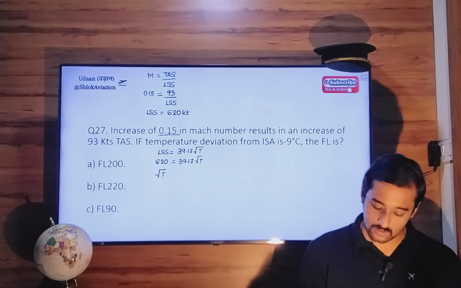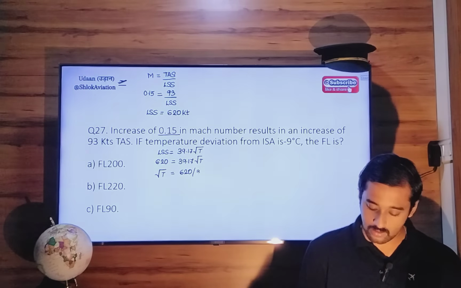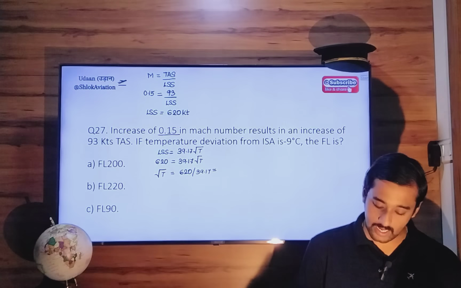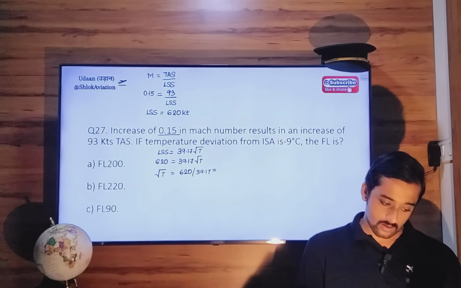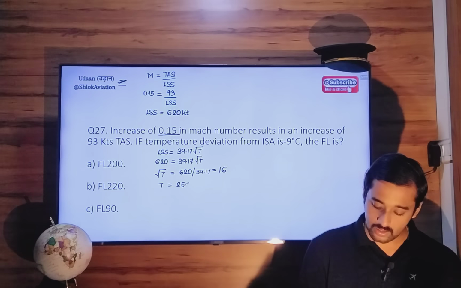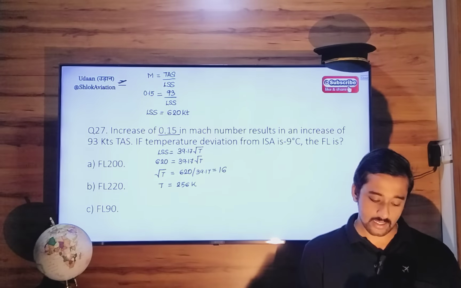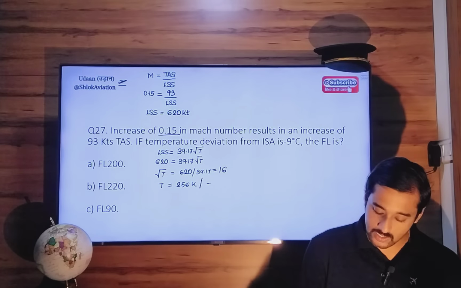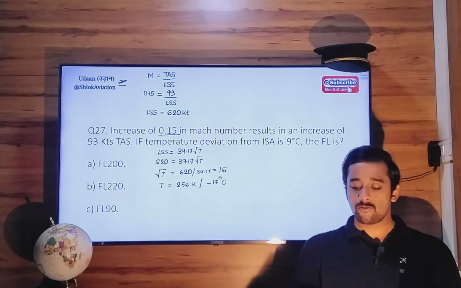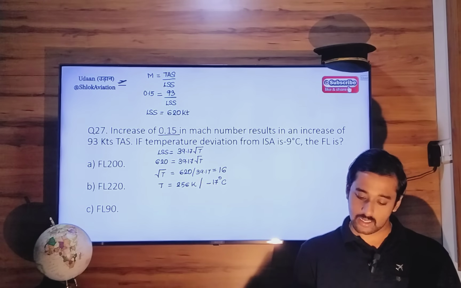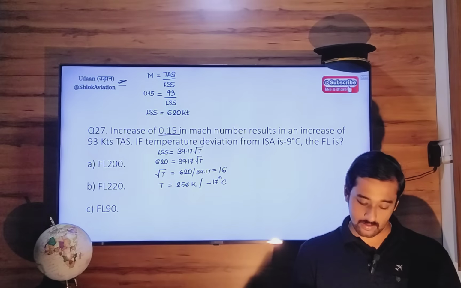So that is cross multiply again. 620 divided by 39.17. That is 15.8. Let's consider 16. So temperature will be 256 Kelvin. Now 256 Kelvin is 256 minus 273, minus 17 degrees Celsius. Now we have to find out the flight level.